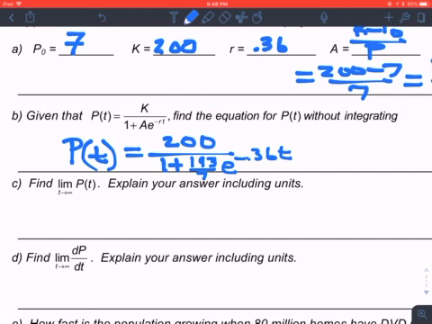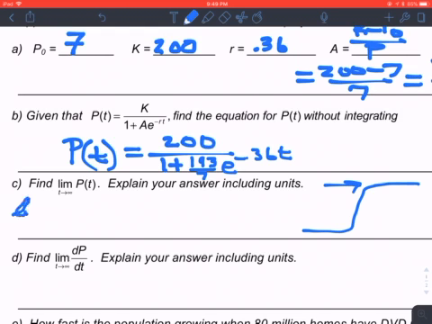Alright, so part C, I want you to remember we're taking the limit of that function. If you remember, that's a logistic curve, so it eventually approaches the carrying capacity.